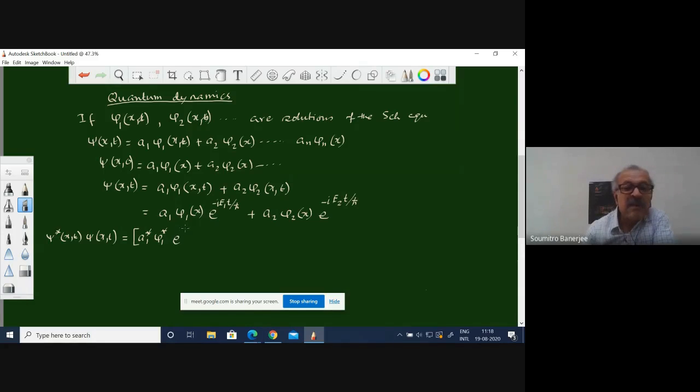E to the power, now this will be plus, psi star, plus i E1 t by h cross, plus A2 star psi 2, I will not write the of x to make things simpler, psi 2 star e to the power plus i E2 t by h cross.